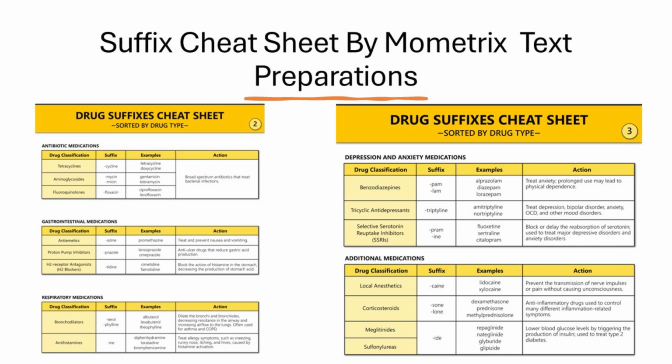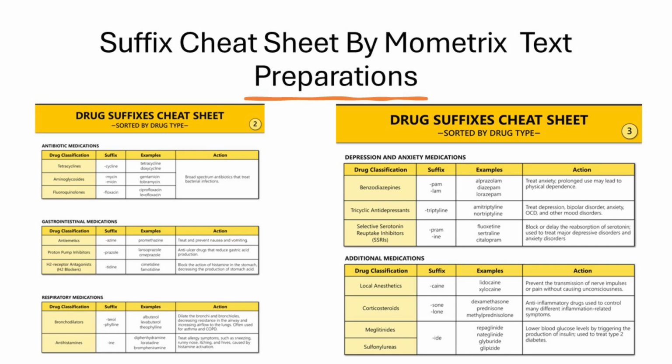And then we have our serotonin reuptake inhibitors. People that have depression lack serotonin, right? So these types of meds delay or block the reabsorption of serotonin and are used to treat major depressive disorders and anxiety disorders.